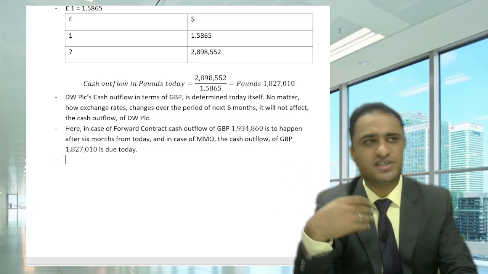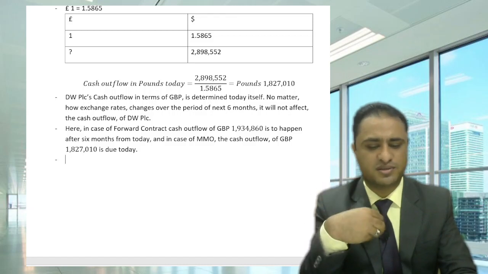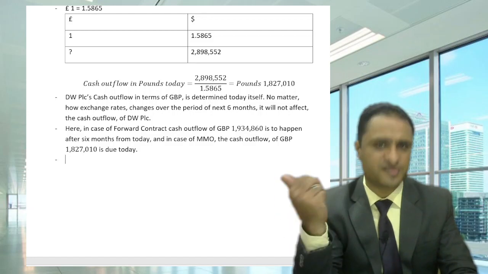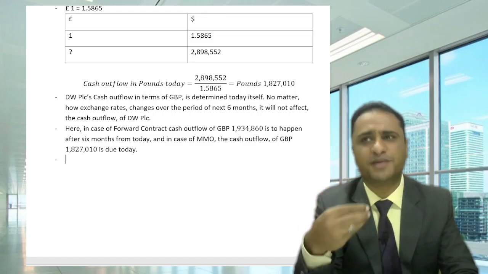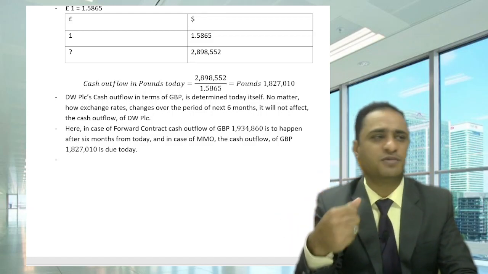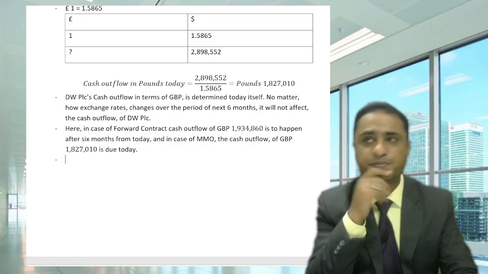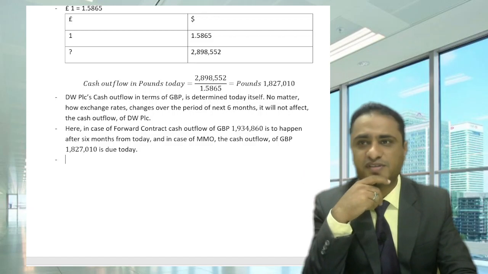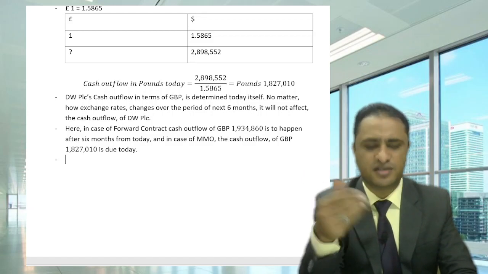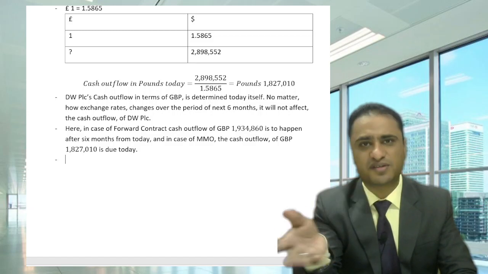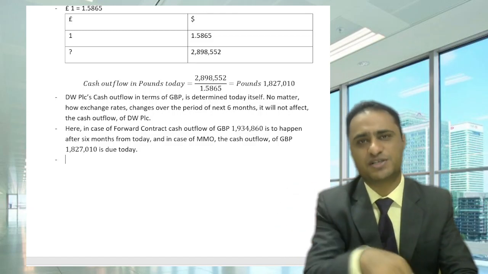If the situation is like that, we do have a ready cash available today. Why do we wait for the 6 months? The basic real life problem is we don't have the money to pay today. Now what do? We have to make a payment after 6 months. It's better to pay early and get discount if you have the money. There is no risk, and you also get an advantage of a discount.